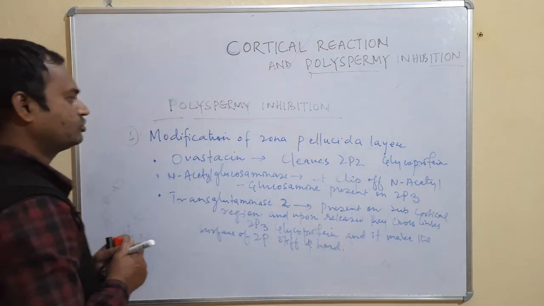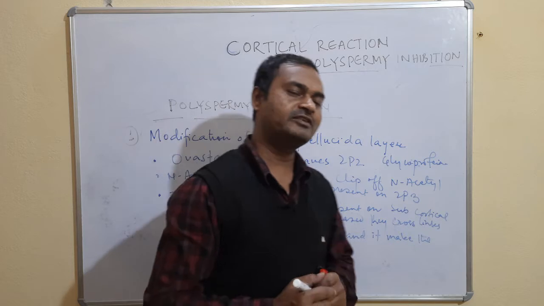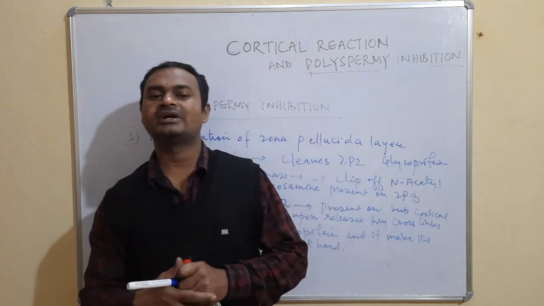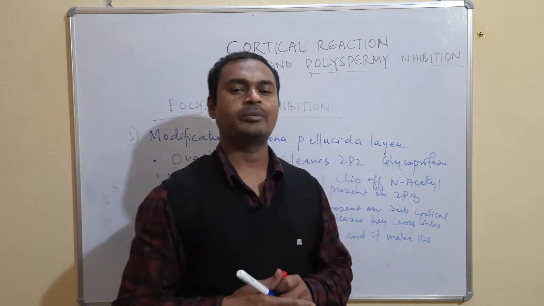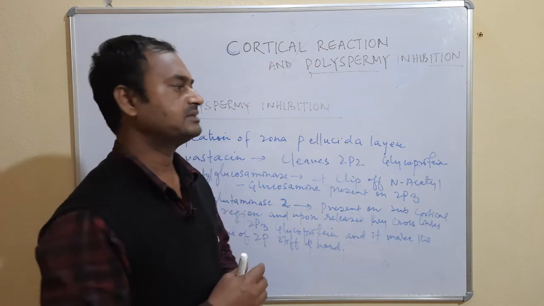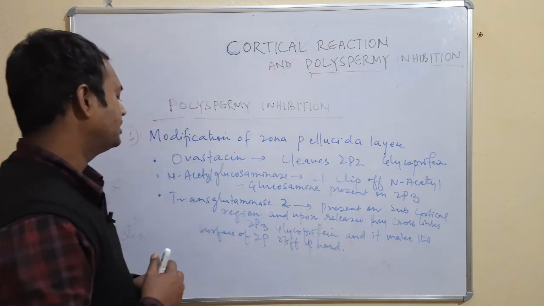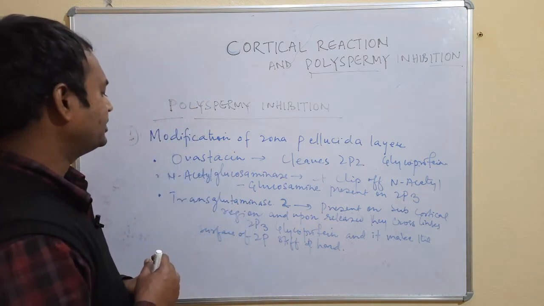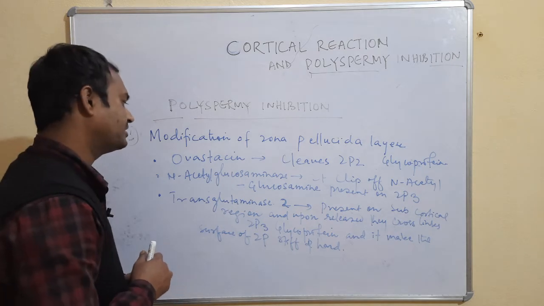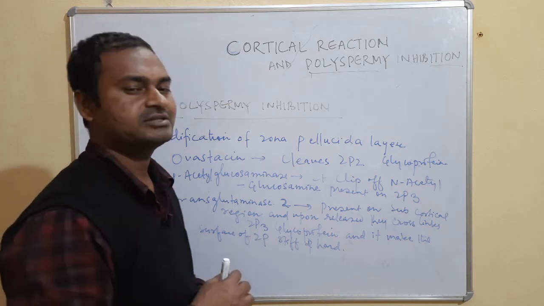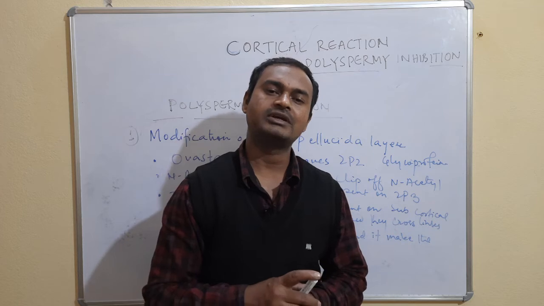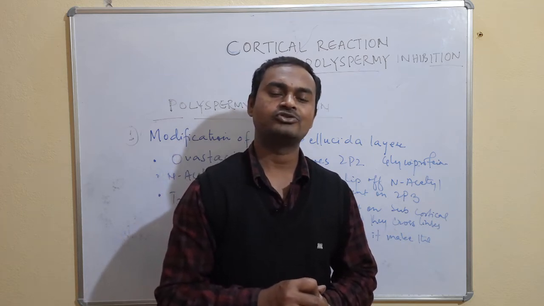Okay, so the modification of the zona pellucida layer is mediated by three types of proteases or other enzymes. The first one is ovastacin, which is responsible for the cleaving of the zona pellucida 2.